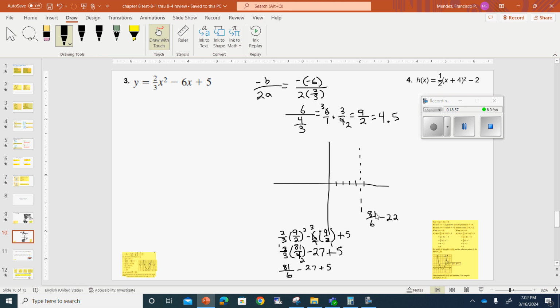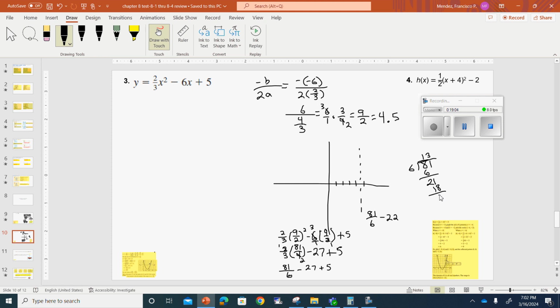All right, when I do this, I'm going to take 81 and divide it by 6. Well, 6 goes into 8 one time. That gives me 21. 6 goes into 21 3 times, for 18.